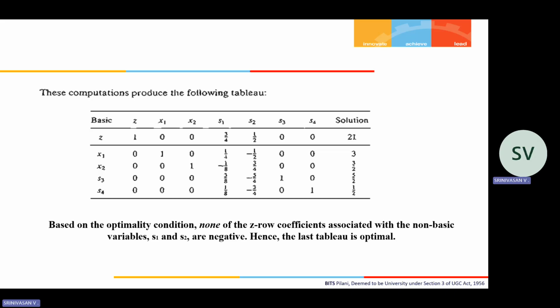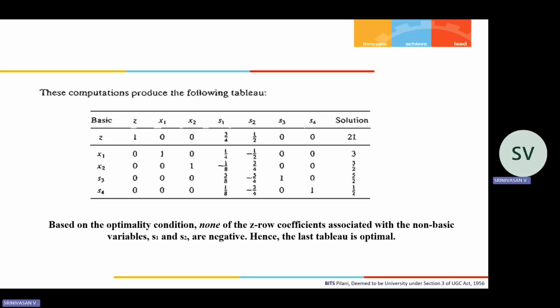We have already calculated Zj minus Cj, which is not shown here as I have done it in the previous problems. Instead, it straight away shows you here, based on the optimality condition, none of the z row coefficients associated with the non-basic variables are negative. Again, the last table is the optimal.